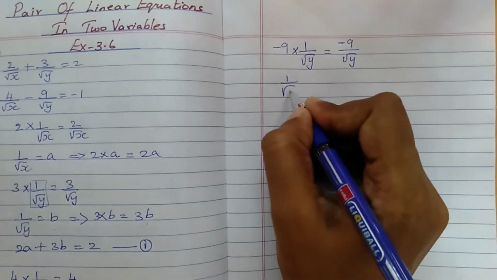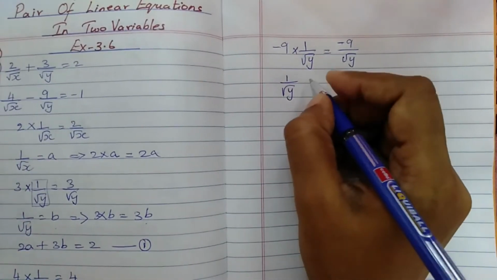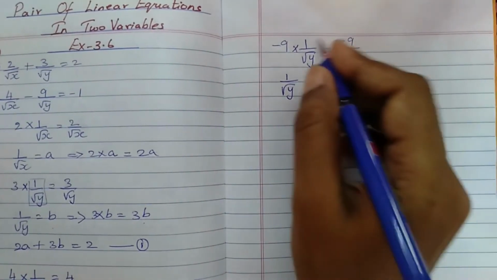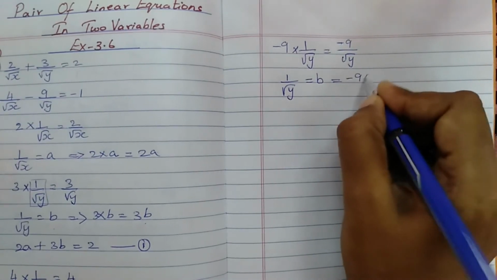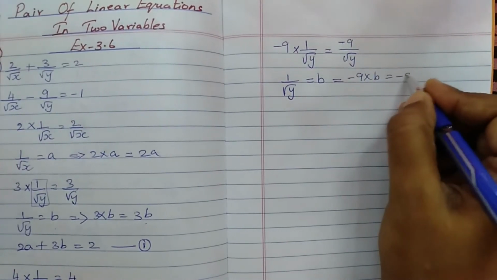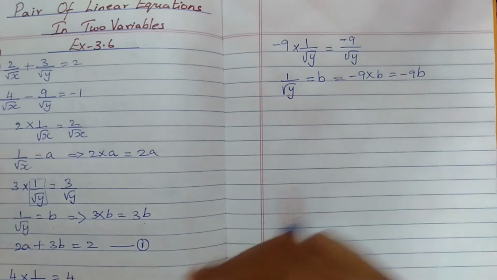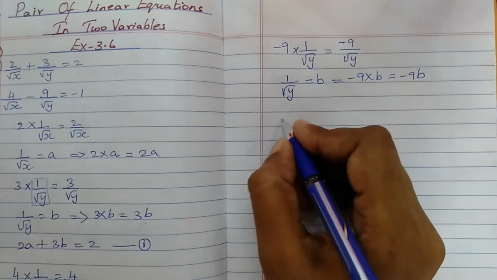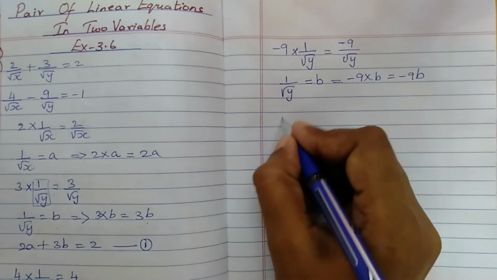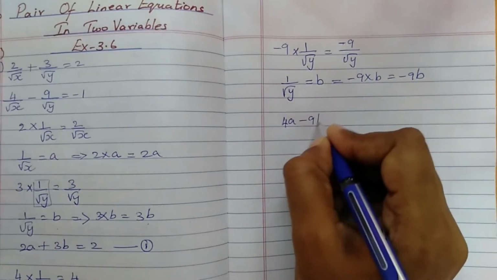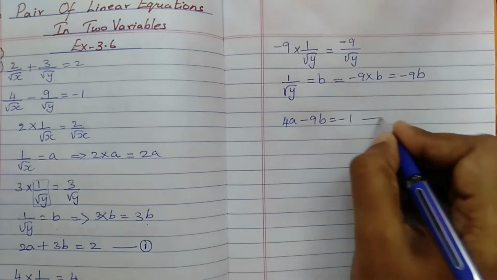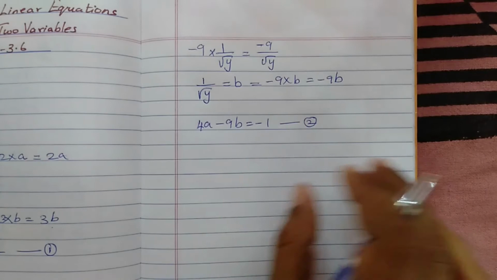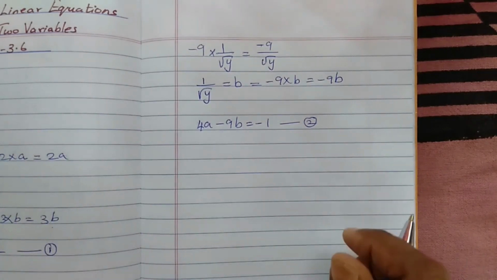It is b. If we replace b here, minus 9 into b will give you minus 9b. Now both the terms are ready for the second equation. Let's write the second equation: 4a minus 9b is equal to minus 1. Now you have both equations ready for solving.